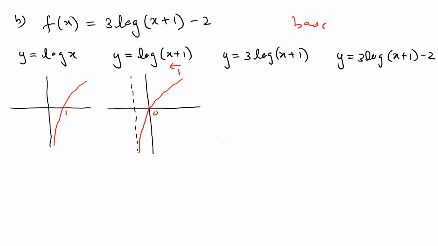In the next one, we're gonna multiply by 3, so it's gonna be more steep this time. The graph is gonna be 3 times more steep. It's gonna be like that here, and then like this.